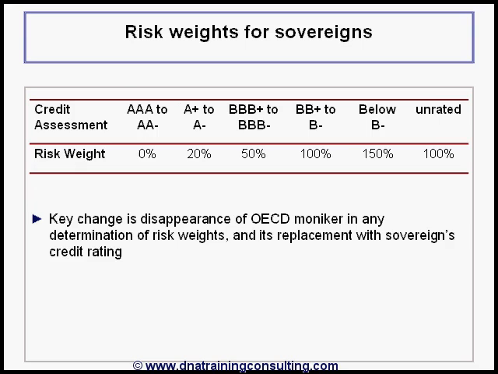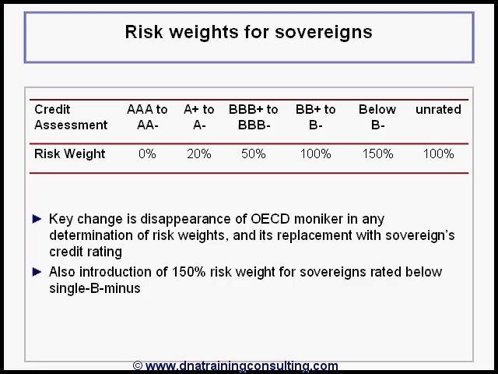The key change you should have noted is the disappearance of the OECD moniker in any determination of risk weights and its replacement with the sovereign's credit rating, and also the introduction of a 150% risk weight for sovereigns rated below single B-.